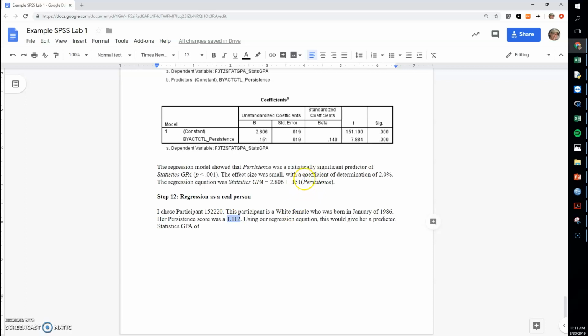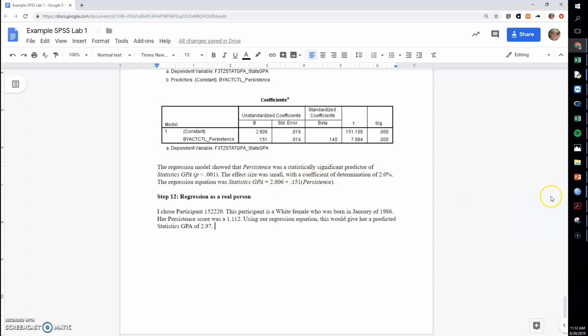By order of operations, we need to multiply these two first and then add it to this baseline GPA. If we do that, we would get a predicted GPA of 2.97.